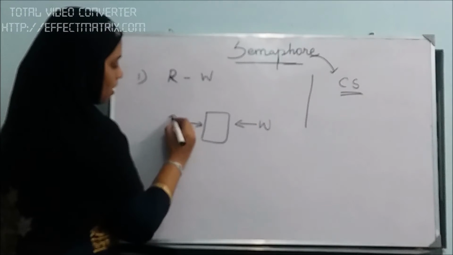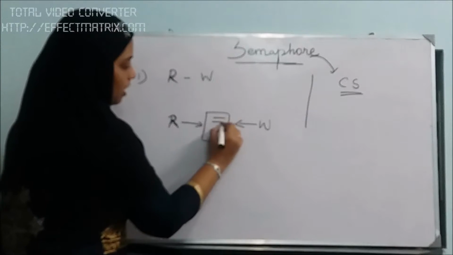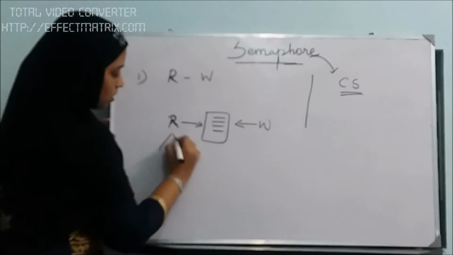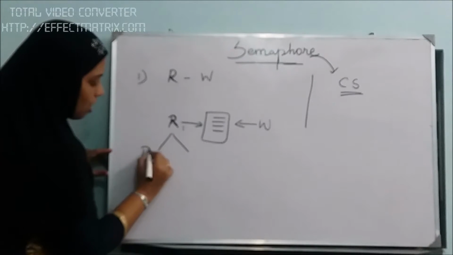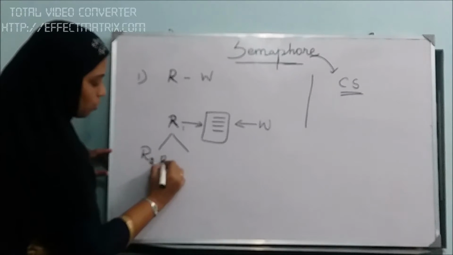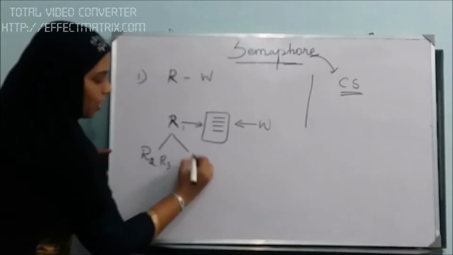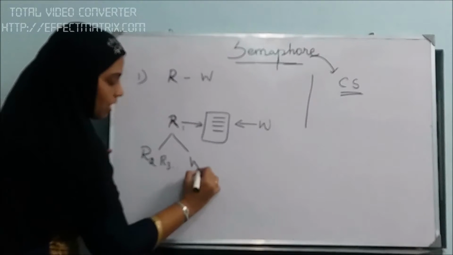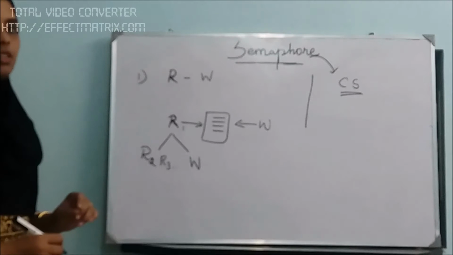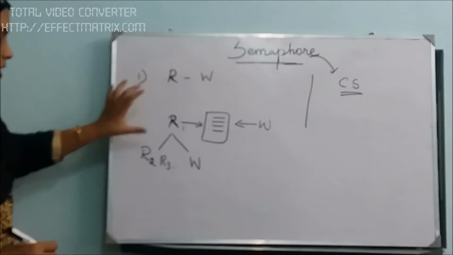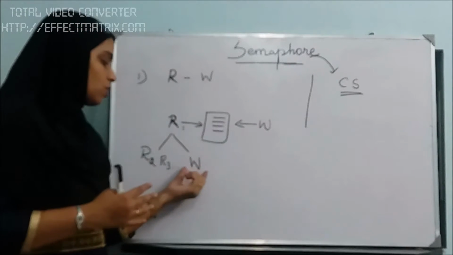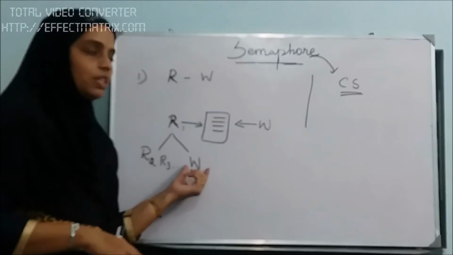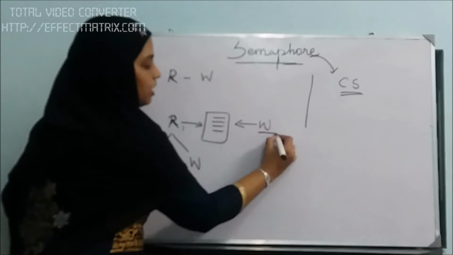So when the reader first reads the content, two more conditions are checked here. That means if one reader is reading, it will be allowed for another reader, or two or three more. But at the same time the reader should not allow any writers to edit the content. So as per the reader's view, the readers allow other readers to read at the same time, but do not allow any writers to edit the content. Now see the writer's problem.